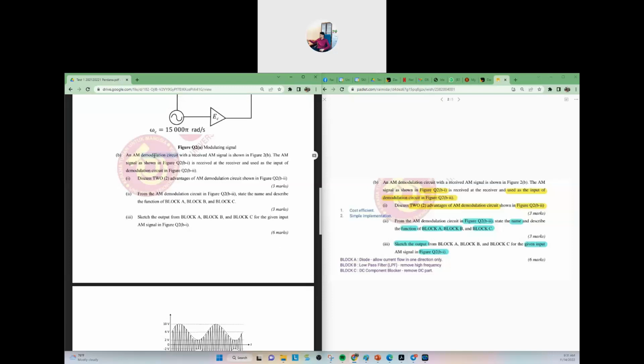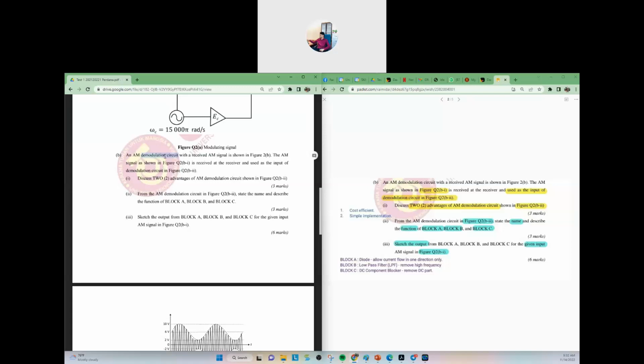Number 2, AM demodulation circuit. What is the other name? Don't check your Webex chat, don't open your slide, don't open your book. What are the 2 names of the demodulation circuit for the full AM? Imagine this is the real test.